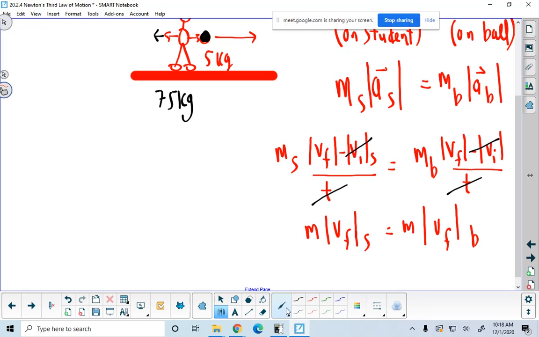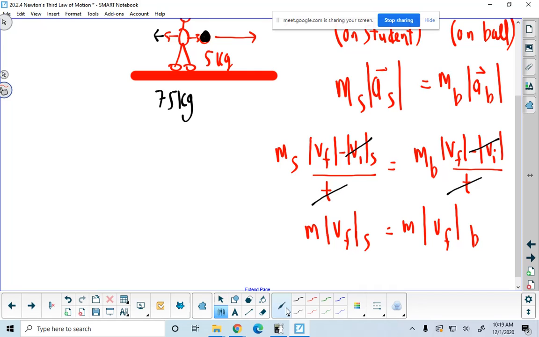Because what some of you might have done is take 75 divided by 5. What's 75 divided by 5? I believe it's 15. Okay, good. And what you could then say is, since the ball has 1/15 the mass, the student will accelerate at 1/15 the rate. The ball is going to accelerate quicker.